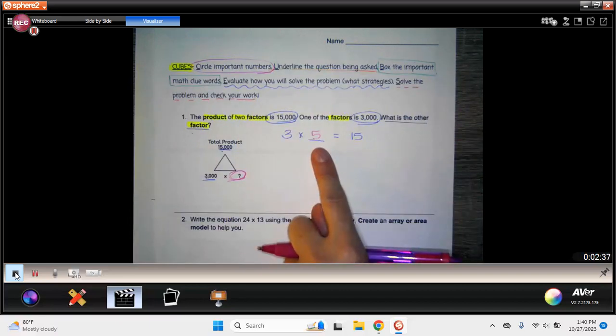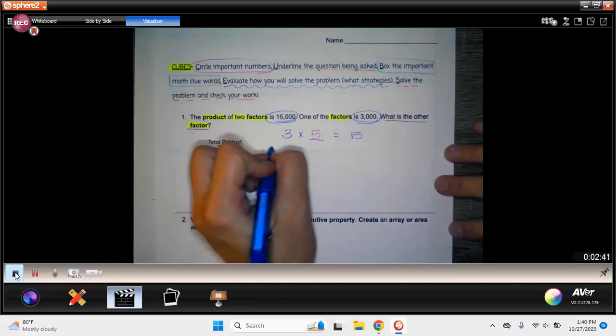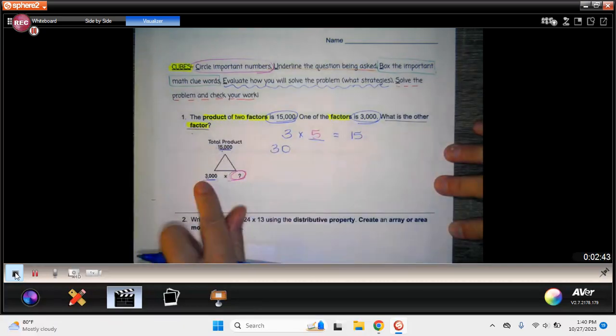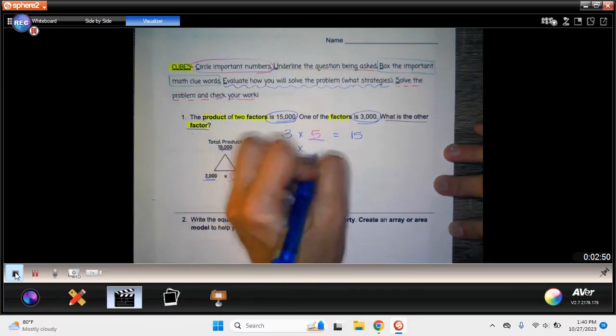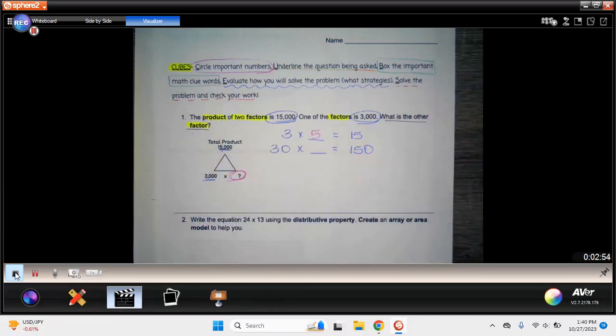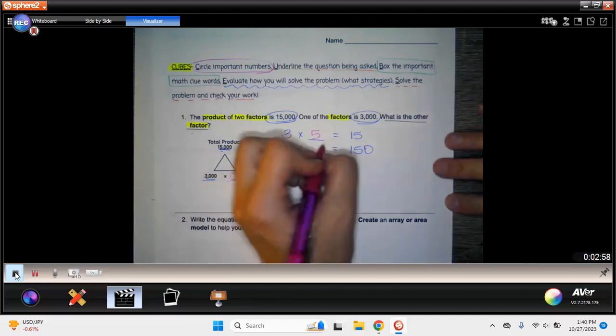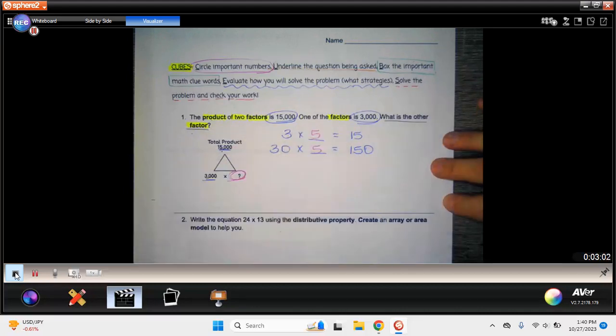I'm going to continue to build onto this because I want to make sure that I'm understanding what I'm doing all the way. So we're building on to this 3,000 part. So we're not there yet. We're at 3, now we're at 30. So 30 times some number equals 150. So what number could that be? Well, 3 times 5 is 15, plus a 0 is 150.